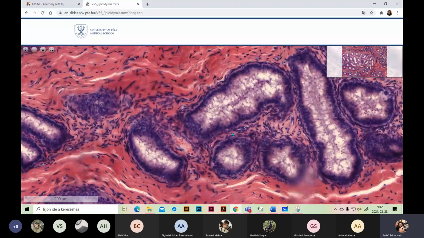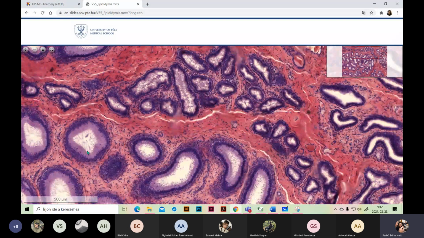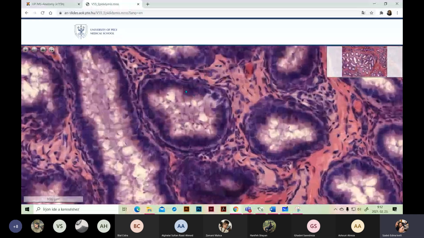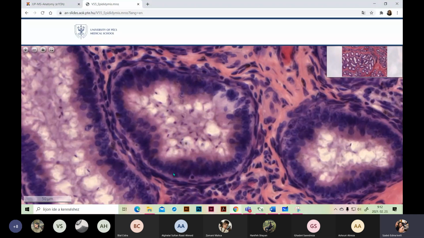And if you see the ugly one, most of the time they will be smaller than the nice. And if I'm going closer, you can see the epithelium. This epithelium is very variable, can be simple, can be pseudostratified at the same time.